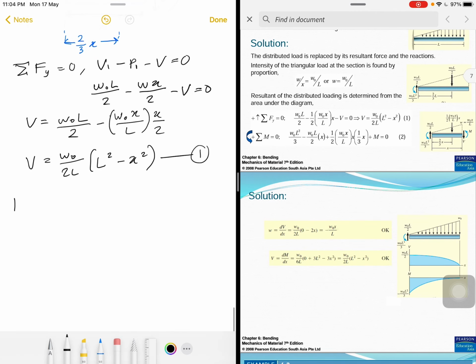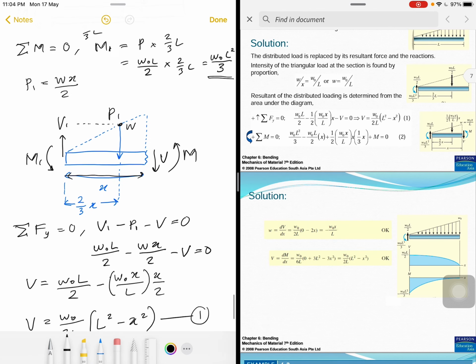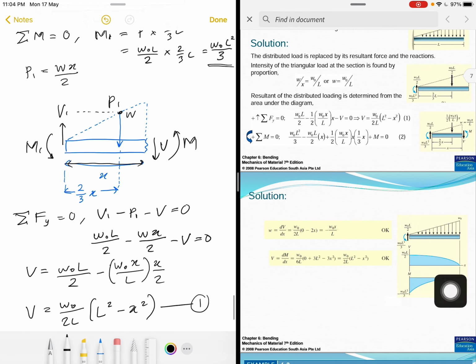Now we go to find the equation for moment. Okay, so we need to consider the net moment is equal to 0. So we go back to this diagram and we want to examine what moments are involved in this diagram. Okay, let's say this is the pivot.